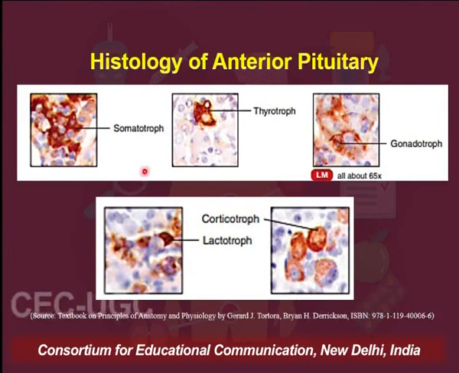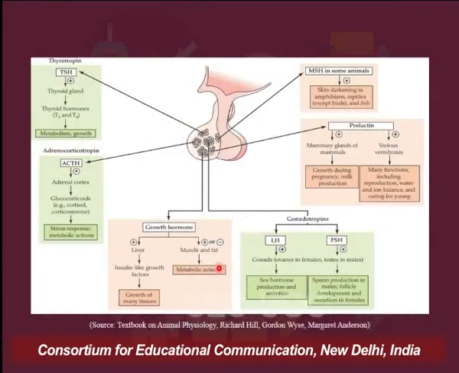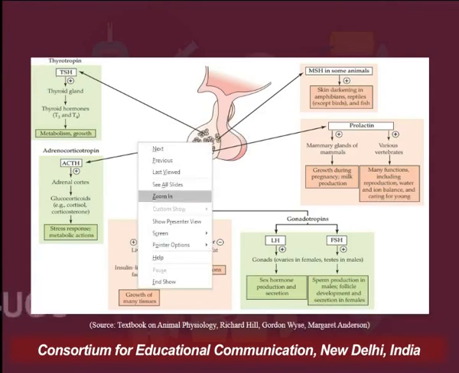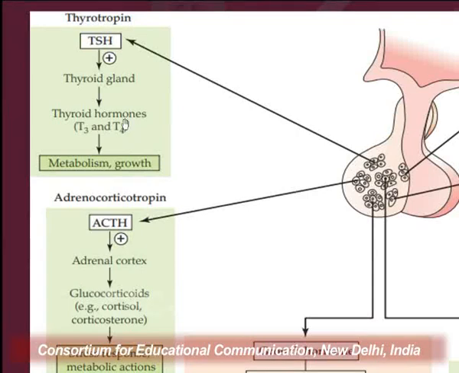So histologically you can see that there are these different types of cells, and what these cells contribute, let us have a look at that with the help of some zooming in. Let us talk about thyrotrophs first. These thyrotrophs produce thyrotropin, and the name of the thyrotropin is thyroid stimulating hormone, abbreviated here as TSH. So the name itself suggests what its function could be.